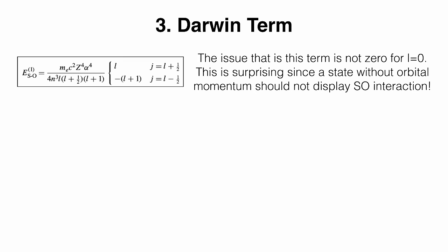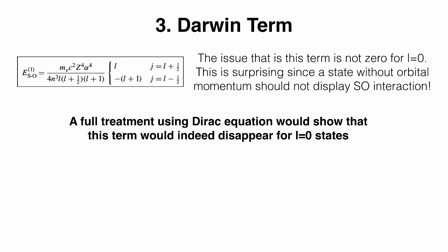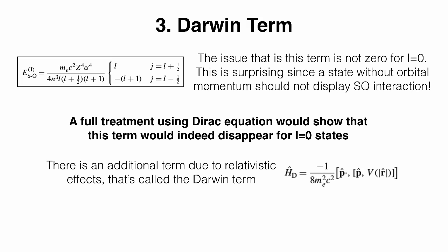So what's going on? Well, this is where Darwin came up. So Darwin is from Charles Darwin family. It's a nephew or something like that. So apparently they were all very smart. The point is that if we use the full Dirac equation, we would find that there is an additional relativistic term that would cancel those L terms.